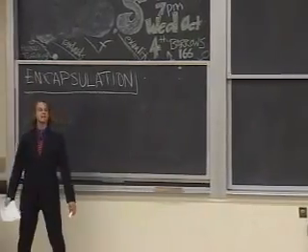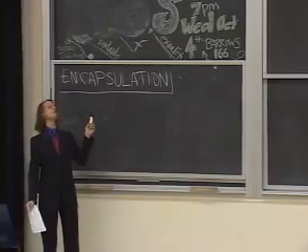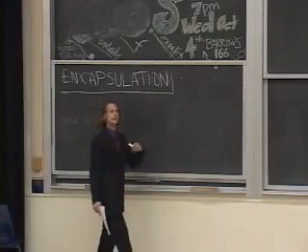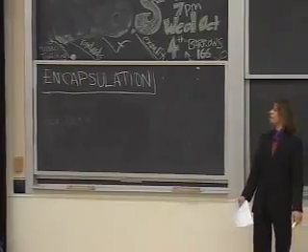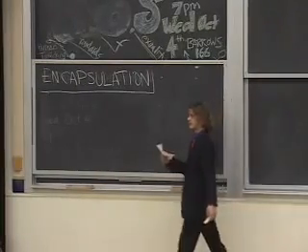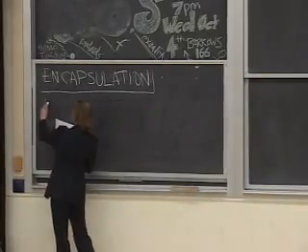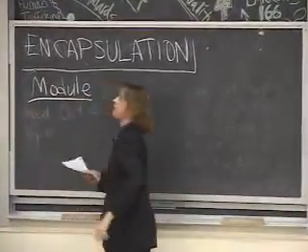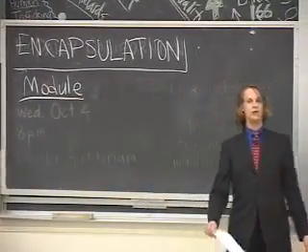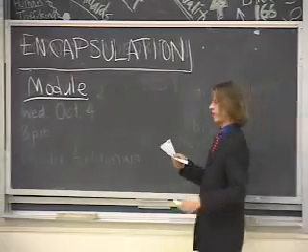The idea of encapsulation is that you want to, before you even start programming, divide the logical design of your game-playing program into a bunch of modules. What's a module? Basically, a module is something you can wrap a simple interface around.